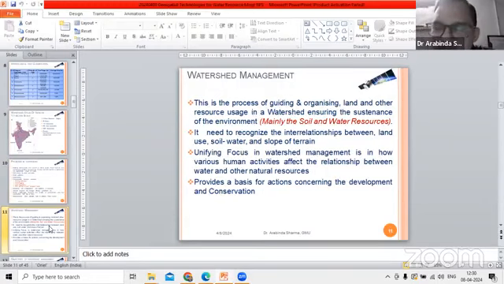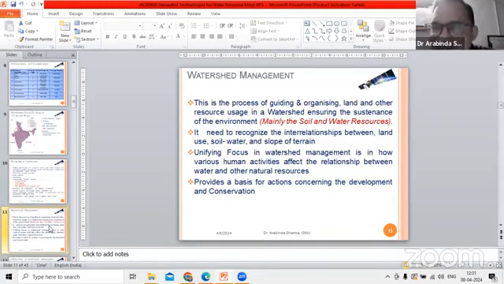Means when we focus on managing our land and water in a scientific way, along with that, if we introduce something like livelihood or the economic activity of that region, then it will be more prudential, more useful, and that is why the concept of integrated watershed management is also there.